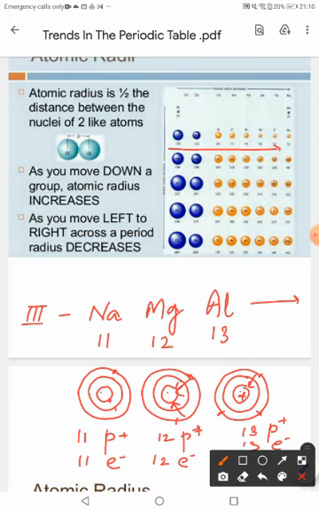That means the force of attraction between protons and electrons is increasing, so the size will decrease as we move from left to right in a row. So sodium will be bigger than magnesium, magnesium will be a little bit bigger than aluminium, and the size keeps on decreasing as we move from left to right in a row.